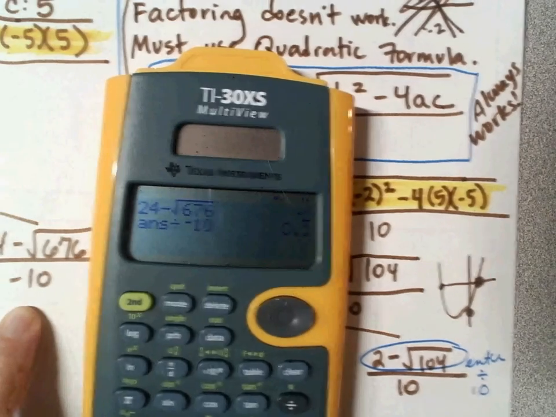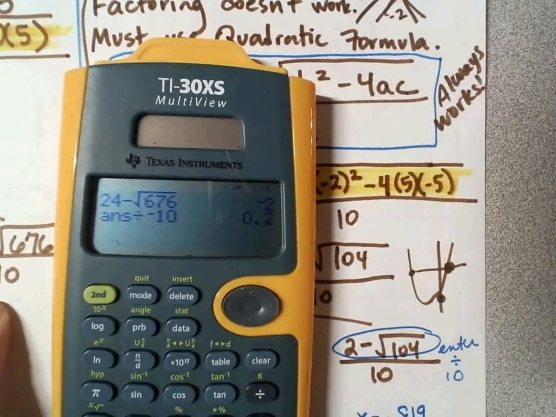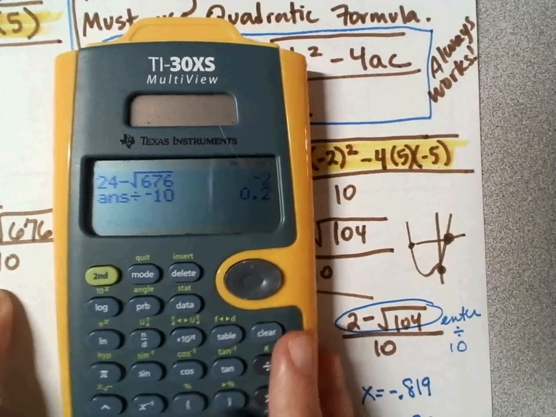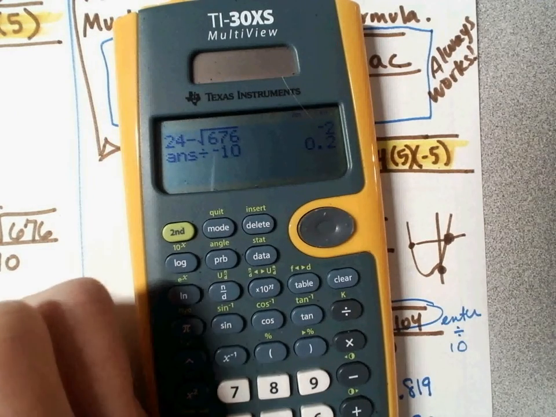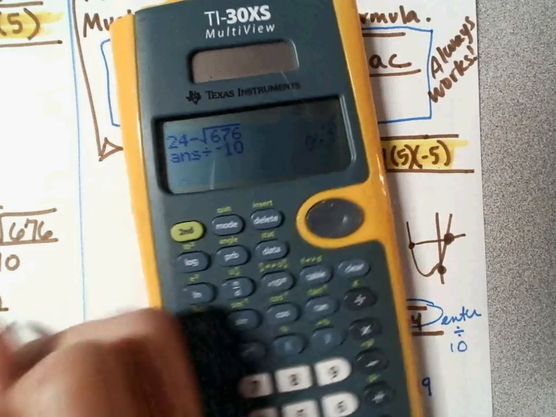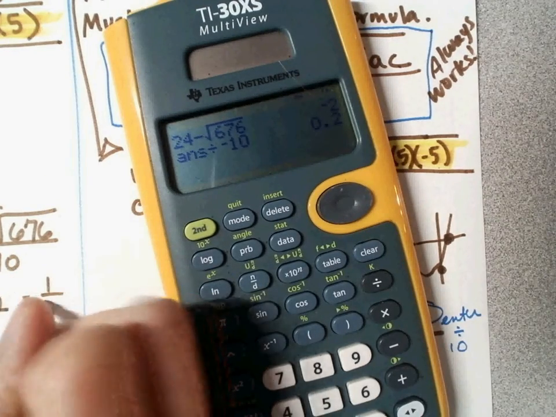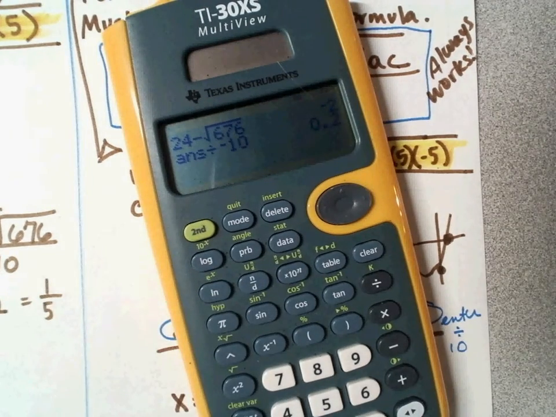I got 0.2. x is equal to 0.2. You could also have 1/5 if your calculator gives you 1/5. Okay? Cool.